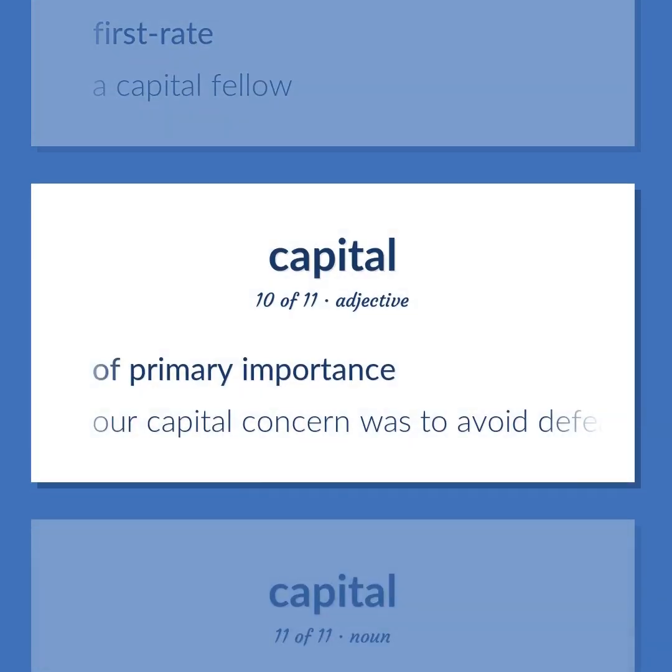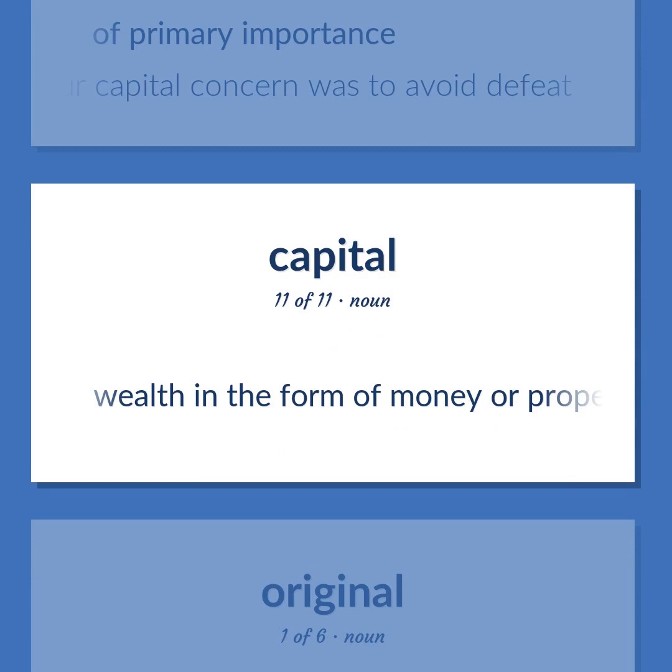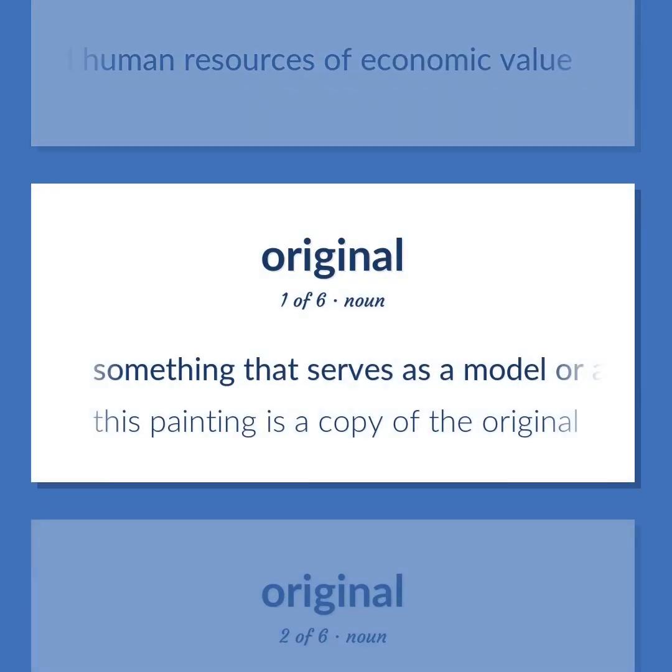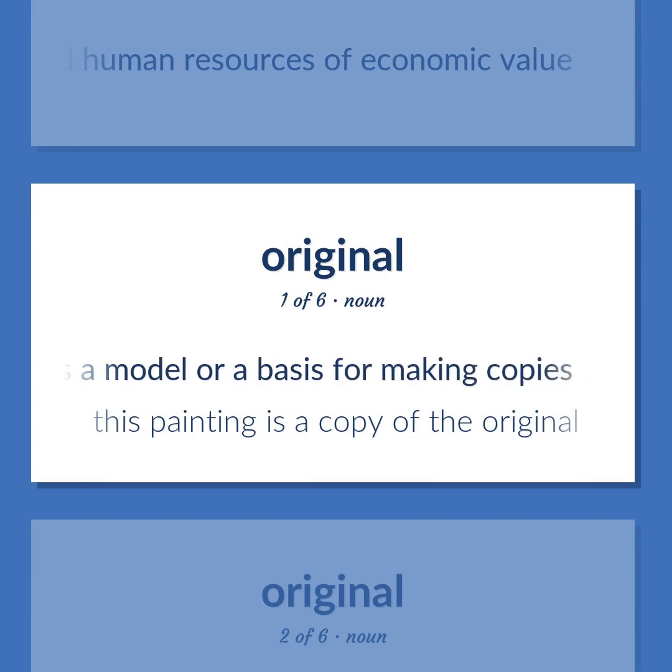Of primary importance. Our capital concern was to avoid defeat. Wealth in the form of money or property owned by a person or business and human resources of economic value. Something that serves as a model or a basis for making copies. This painting is a copy of the original.